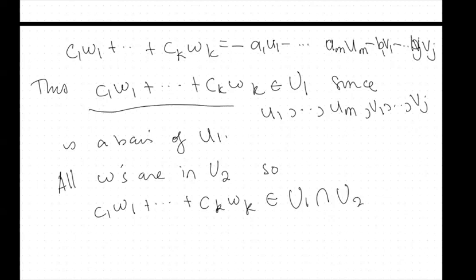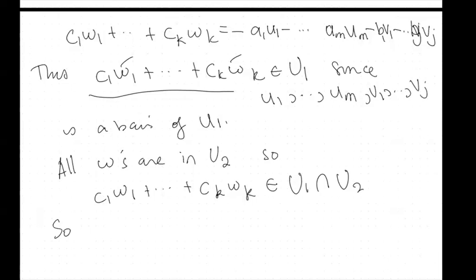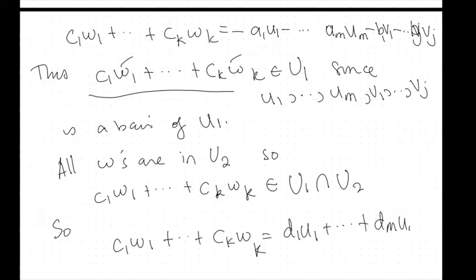These are basis elements of U2, and these are basis elements of U1. Because U1 to UM is a basis for the intersection, we get C1 W1 plus up to CK WK is equal to D1 U1 plus up to DM UM.